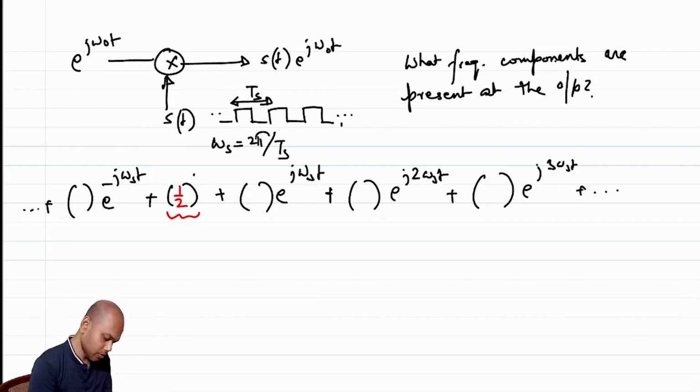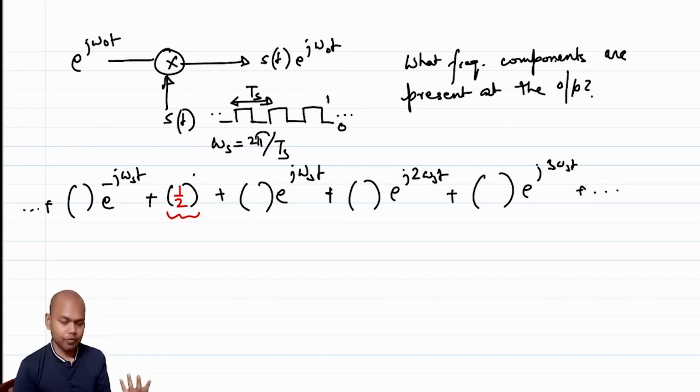Similarly, we saw that the coefficient of the second term, that is e to the power j omega s t, is essentially 1 over pi, right?